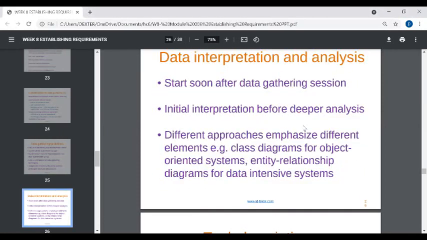So, data interpretation and analysis. Methods and approaches for analysis, interpretation, and presentation of data are applicable during the requirements activity to structure and record descriptions of requirements.